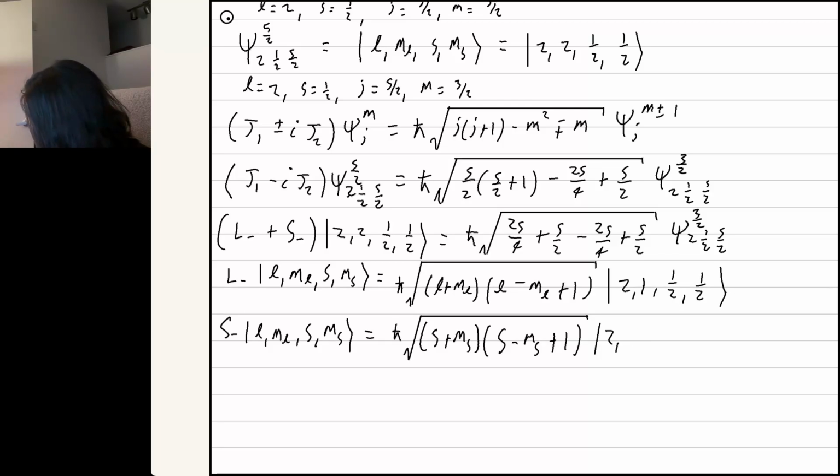I'm going to write the general formula here. It's L, ML minus 1, S, MS for the L operator. And for this one, it's L, ML, S, MS minus 1.